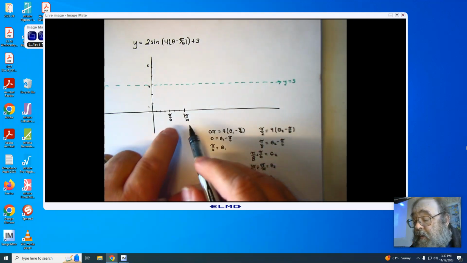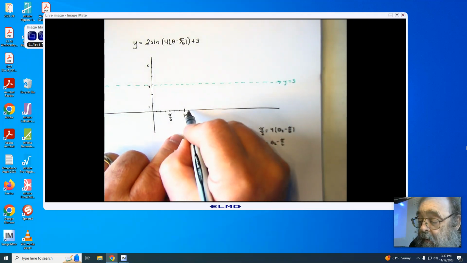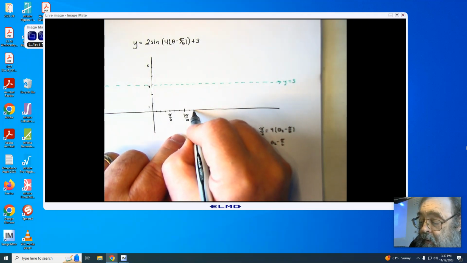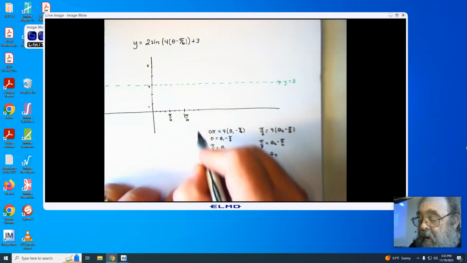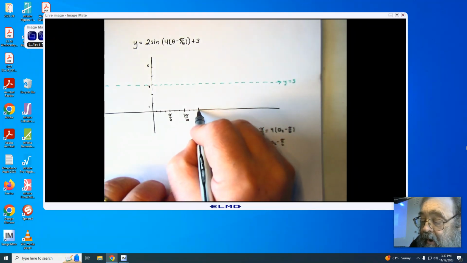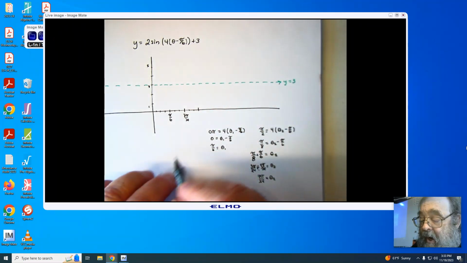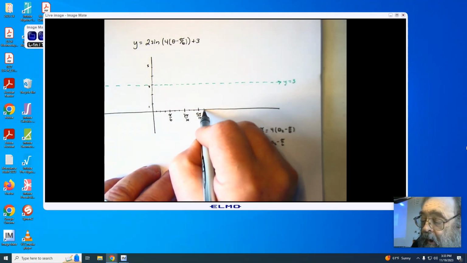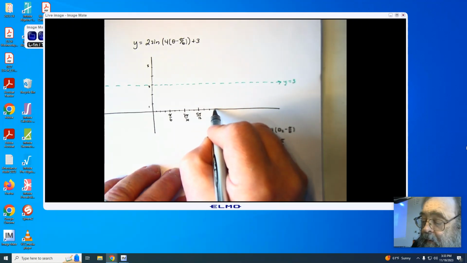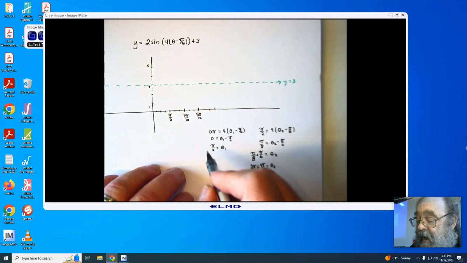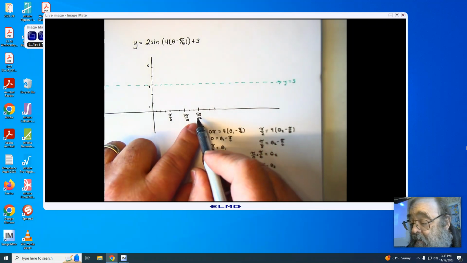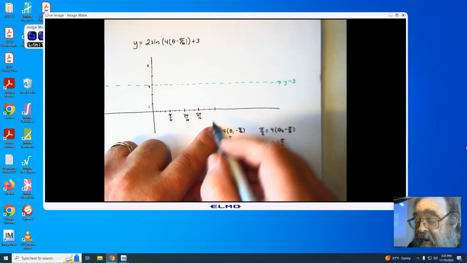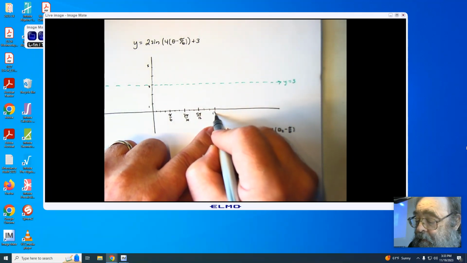I'm now going to go another 3 over, 1, 2, 3. This is going to give me 10 pi over 24, which I can write as 5 pi over 12. Then 1, 2, 3. This is then going to give me 13 pi over 24.